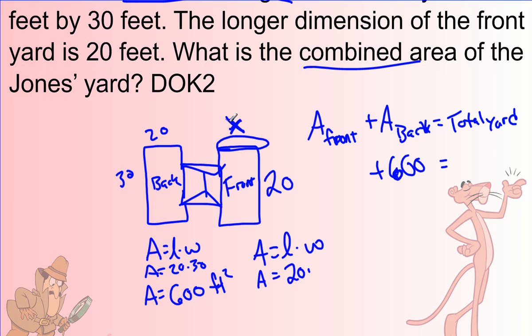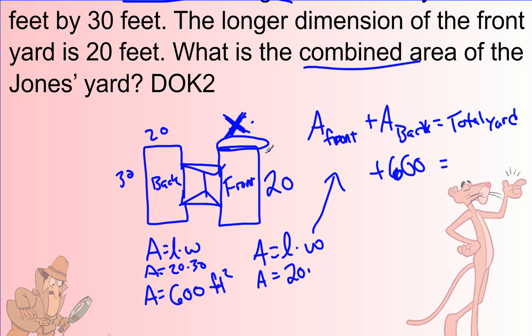I'll call it X. So that is really what this problem comes down to. If I can find this side, I can plug it in for my width. Then I can find the area of the front, plug that in here, and then find the total area of the whole yard. So that one piece is where this entire problem comes together.